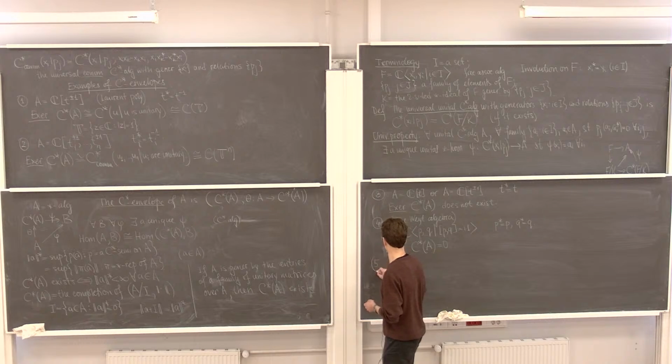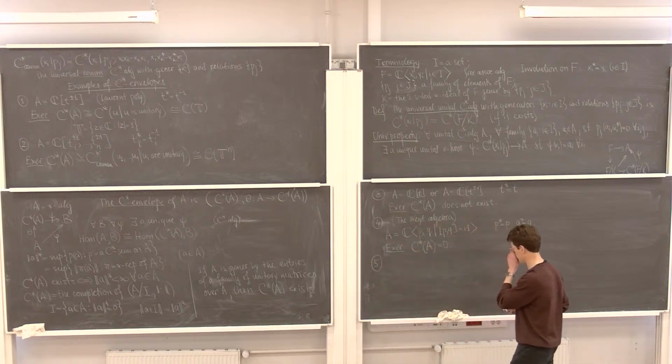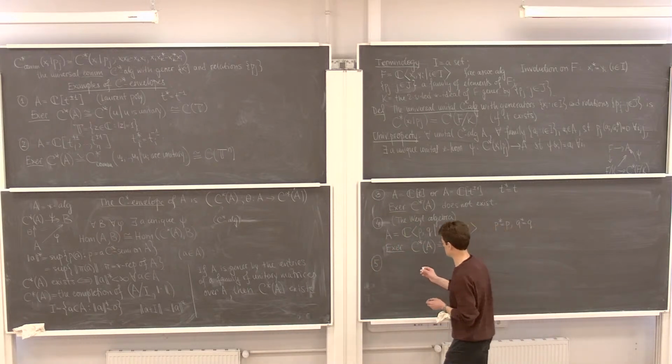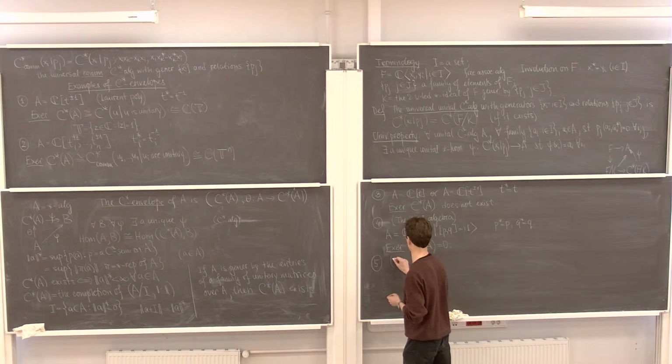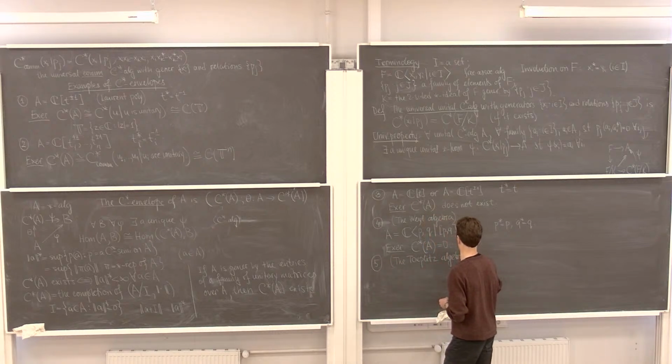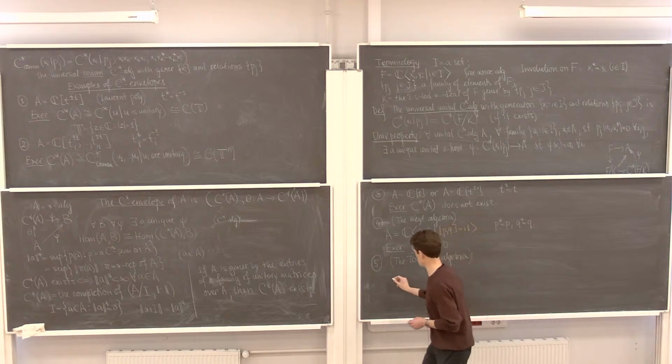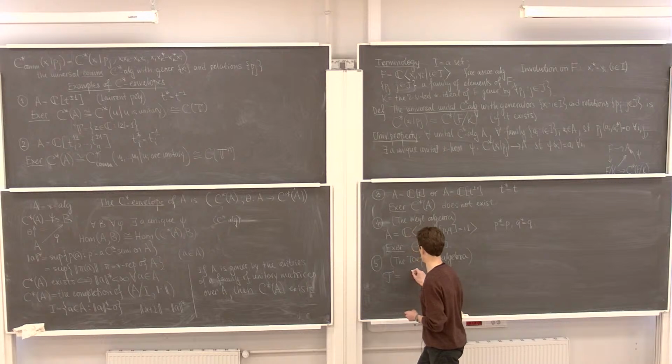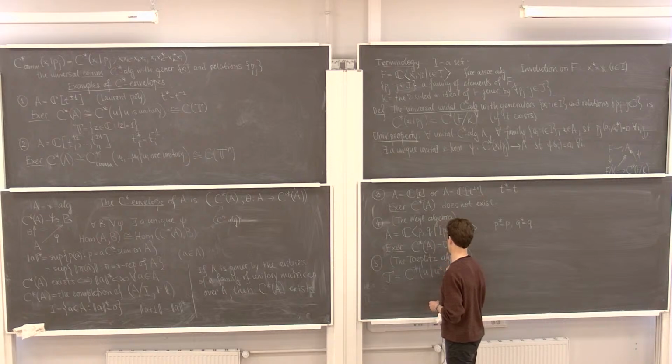Example 5. Example 5 is the so-called Toeplitz algebra. The Toeplitz algebra, denoted by script T, is defined to be the universal unital C-star algebra generated by an isometry.